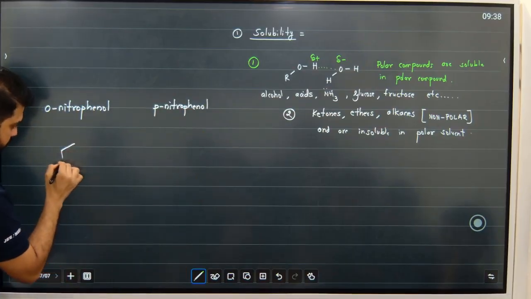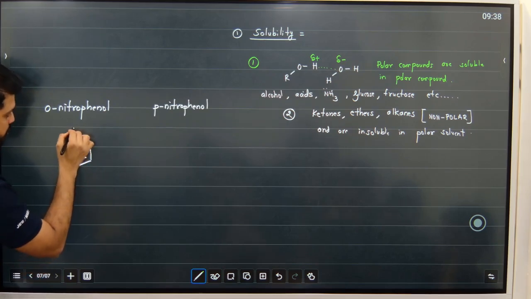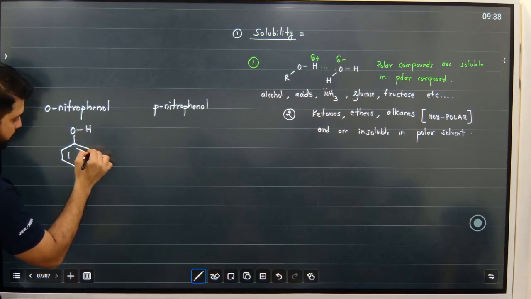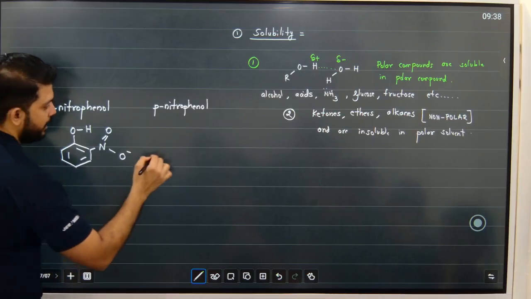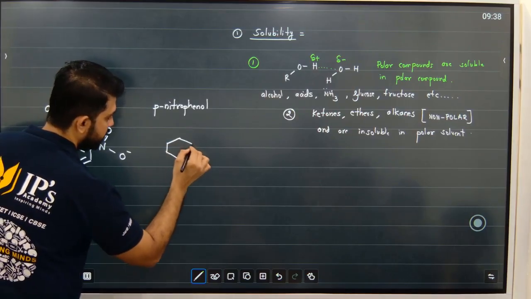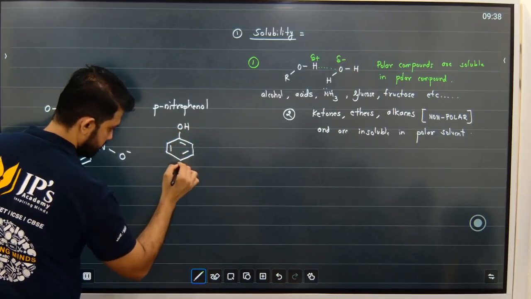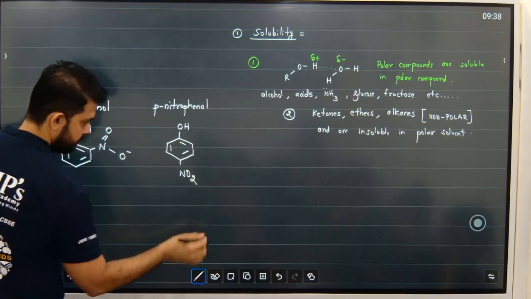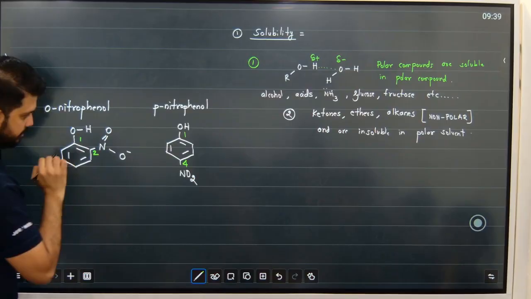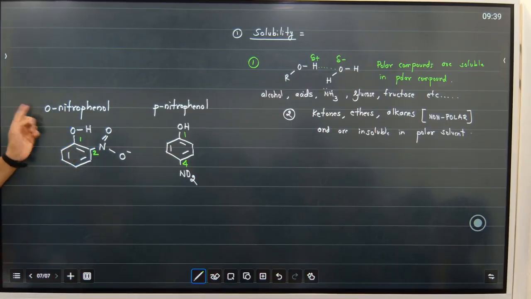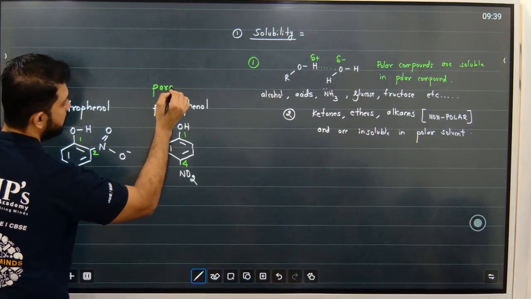Ortho was position number 1 and 2, so this was my orthonitrophenol. Paranitrophenol is position number 1 and 4. Positions 1, 2 ortho, position 1, 4 para.